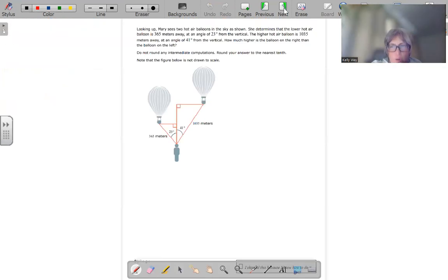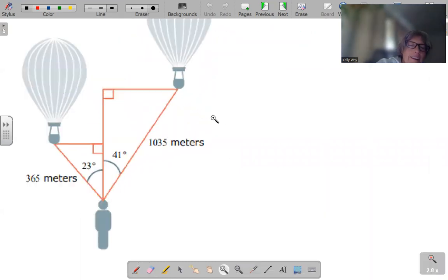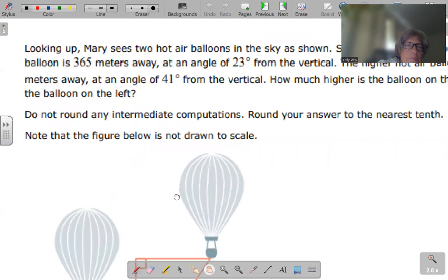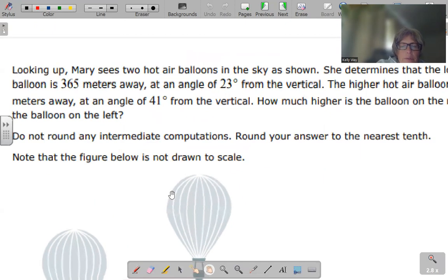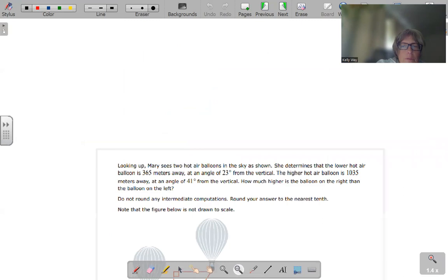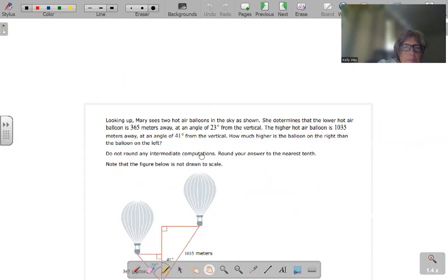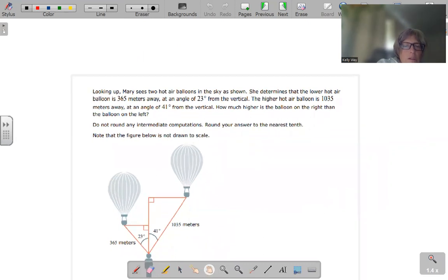These ones are the tricky ones. And it's a combined right triangle. Let's read the scenario together. Then I'm going to show you how to do this on the ALEKS calculator. It says, looking up, Mary sees two hot air balloons in the sky above.